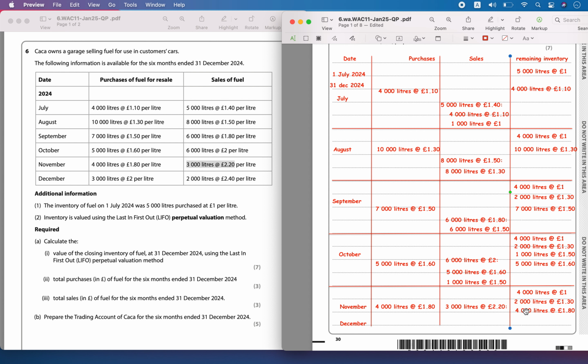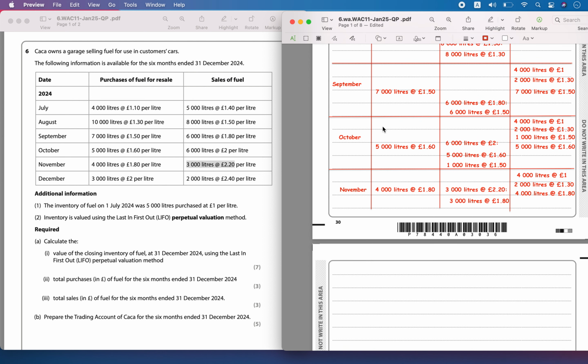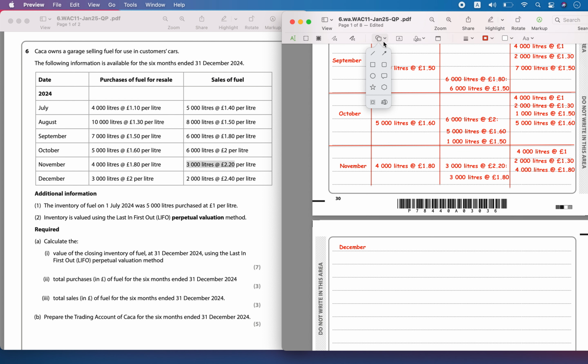So I will issue from the latest 4,180 liters, at 1.80. Now let's calculate the inventory that's left.